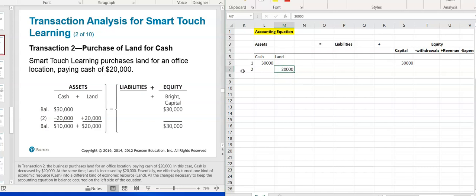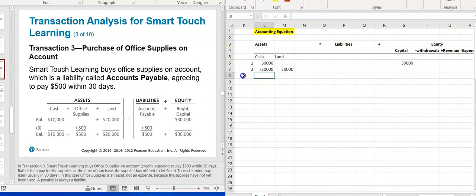Okay, they paid for it with cash. Cash is an asset. It's going down, so you're going to have minus $20,000 there. All right, notice this whole thing took place on the asset side. This nets out to 0. I have 0 over here, so it still balances out. All right, each individual transaction has to balance out around the equal sign.